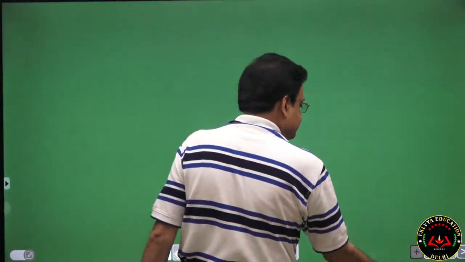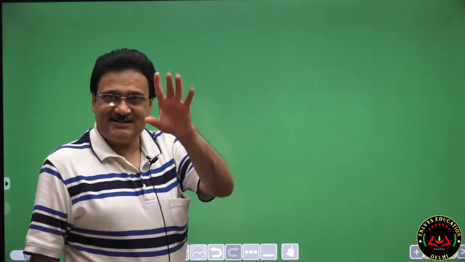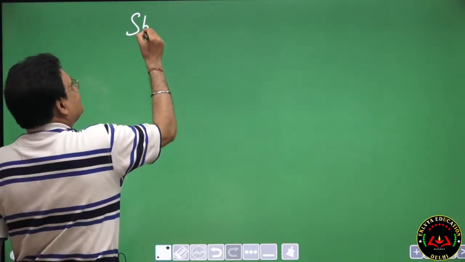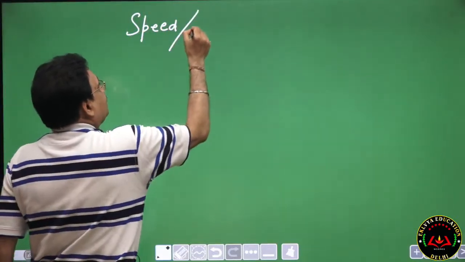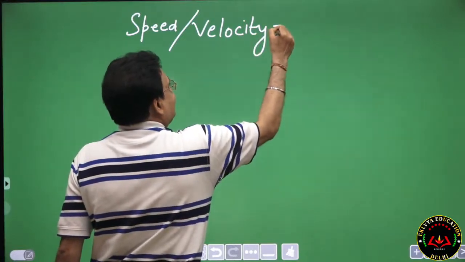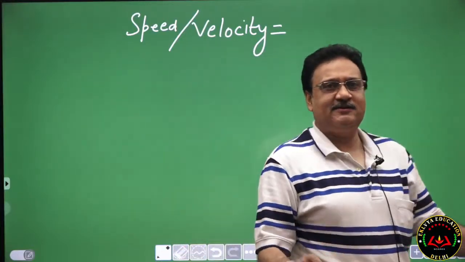Coming to the next, let's take something else. Velocity, that is speed. Speed and velocity. Until 10th standard, you have said velocity is equal to distance upon time, and speed is equal to distance upon time.